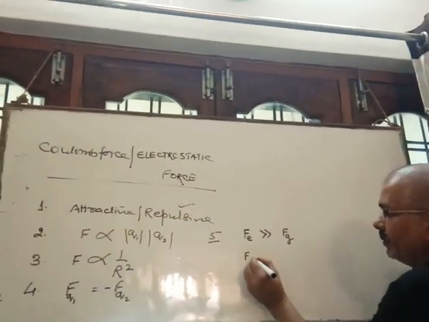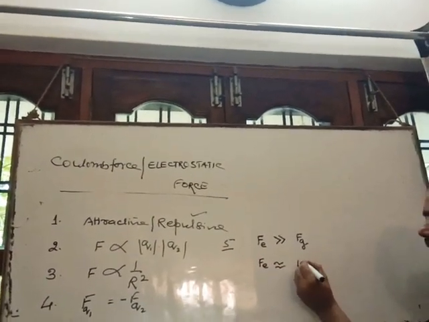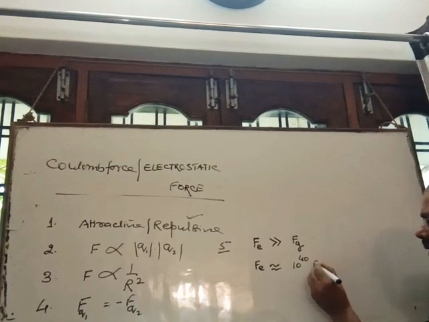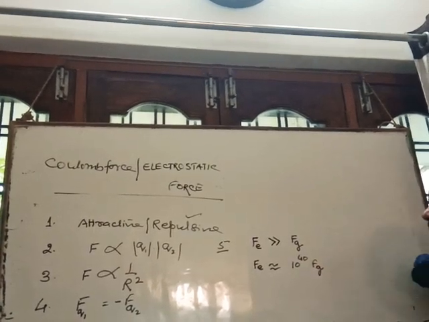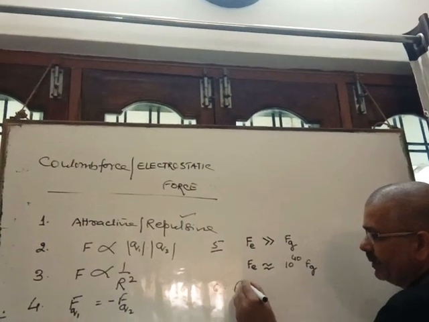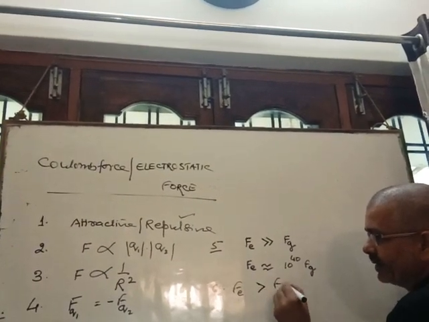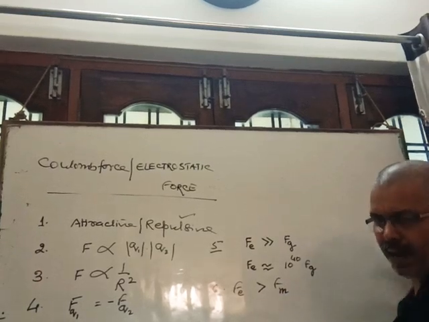Nearly, the electrostatic force is 10 to the power 40 times that of the gravitational force. 6th, electrostatic force is also greater than magnetic force.